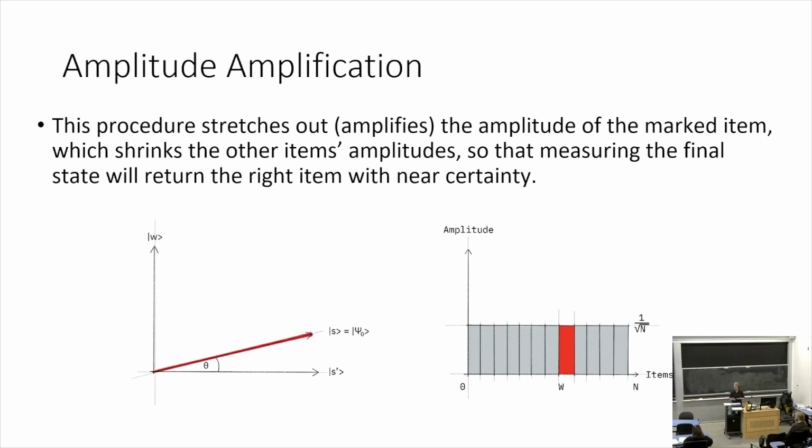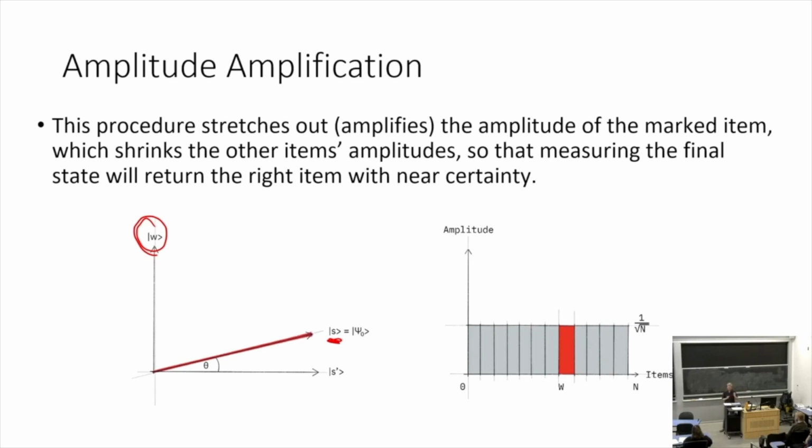The only 2 special states that we need to consider when building this construction are the winner, our W state here, and the uniform superposition, our S state here. These 2 vectors span some 2-dimensional plane in our complex n-dimensional space. And they're not quite perpendicular, right? Because our winner occurs in the superposition with an amplitude of 1 over square root of n.